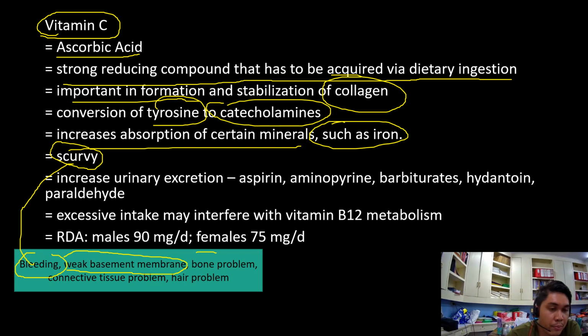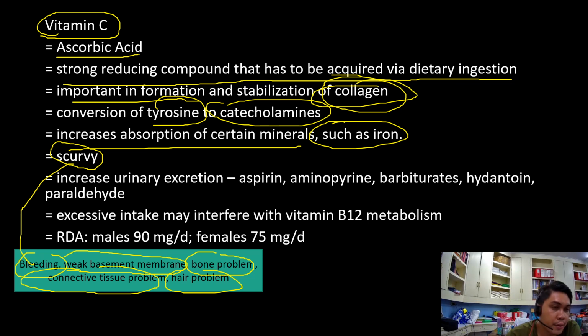Then there is bone problem because vitamin C is also important in osteoblast activity. It's also associated with connective tissue problems and hair problems, because vitamin C is important in the formation of collagen.